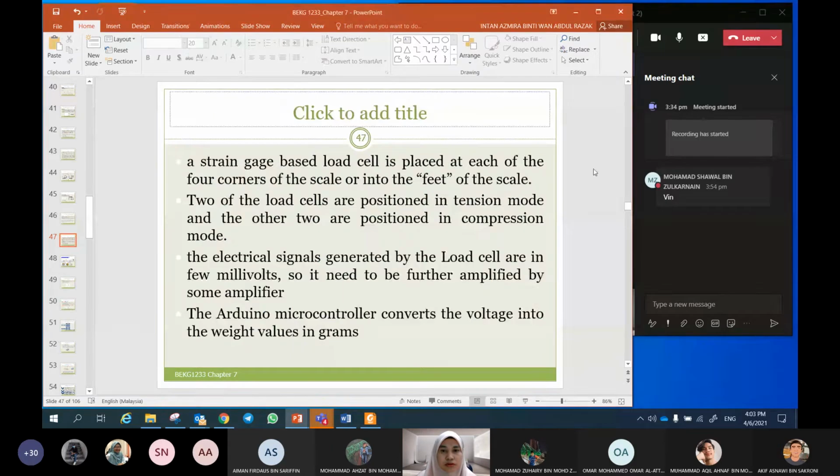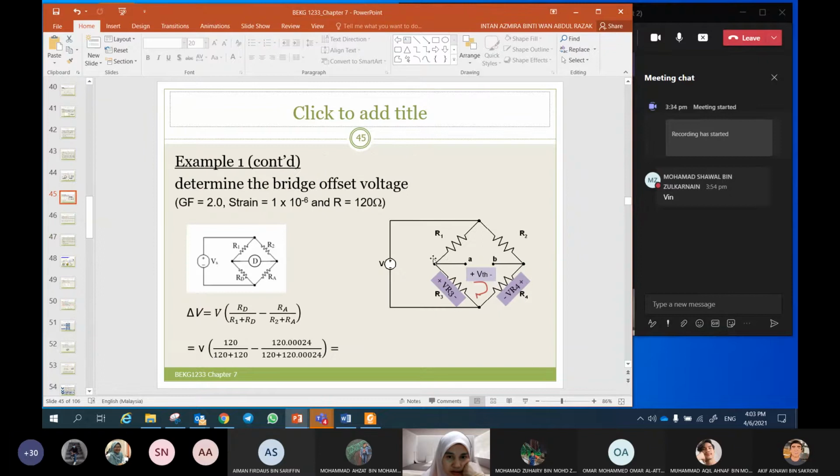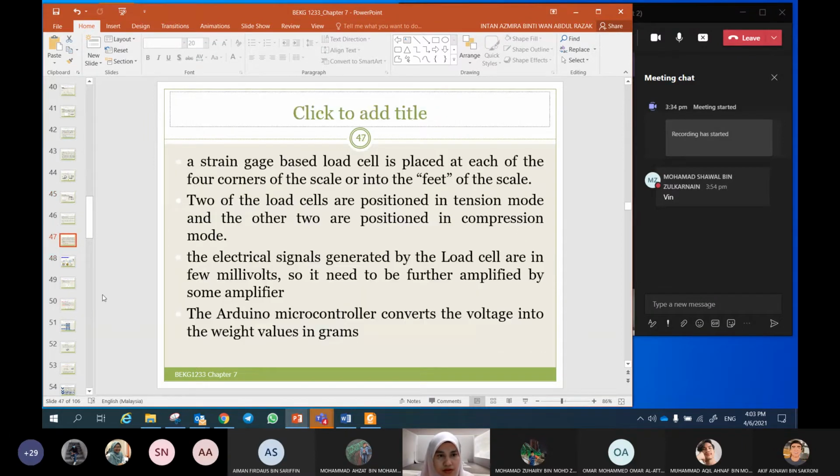We know that the output from the load cell, from the bridge, is voltage, right? And then how to convert it to weight? Because we apply the strain gauge for a weight scale, we use a microcontroller to convert the output voltage into weight, kg or gram. Understand or not?